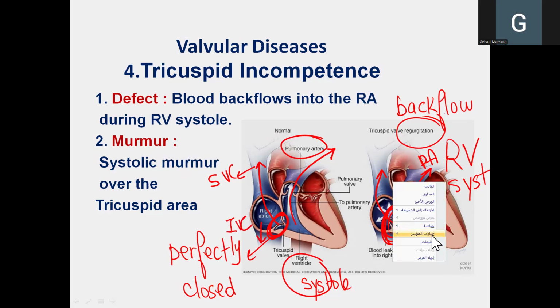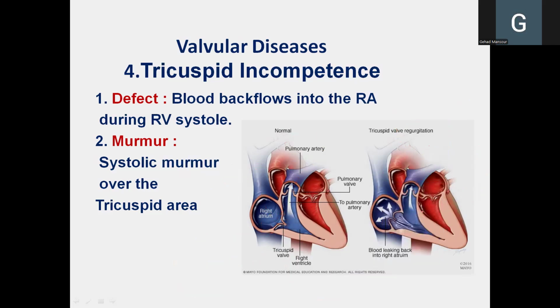So again, this is the abnormal condition. The right ventricle is contracting. The right ventricle is in systole. Blood passes normally through the pulmonary artery, but there is backflow into the right atrium, because this is the right atrium and this is the incompetent, too wide or imperfectly closed valve.